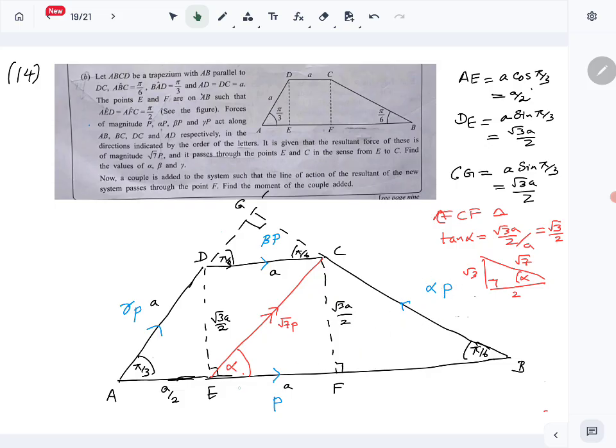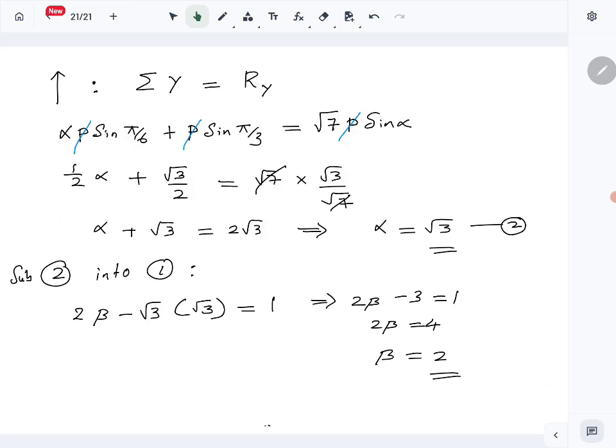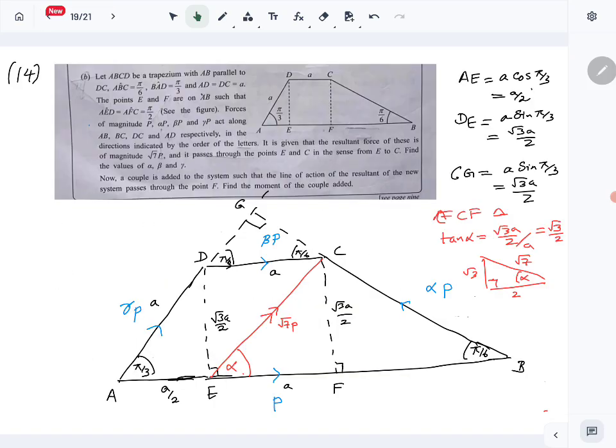So this system has this resultant, and in the new one, the resultant goes through F. We can just erase these forces, since all of them together make up the resultant.